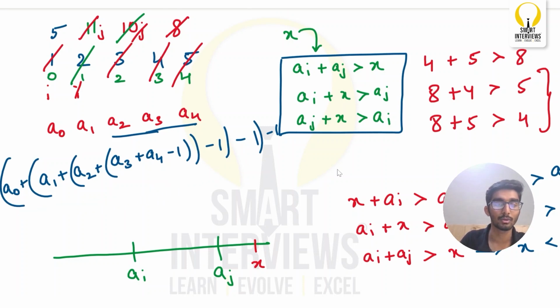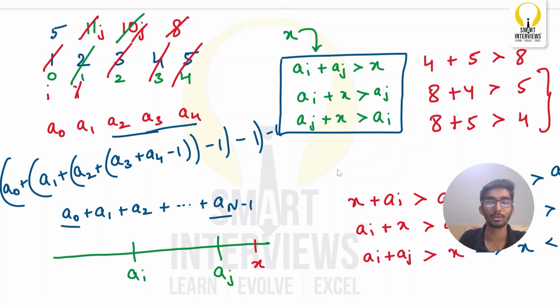So what is this overall? A0 plus A1 plus A2 plus and so on, plus A(n minus 1), from index 0 to n minus 1. We are adding all these elements. And how many ones are we subtracting? n minus 1, right?